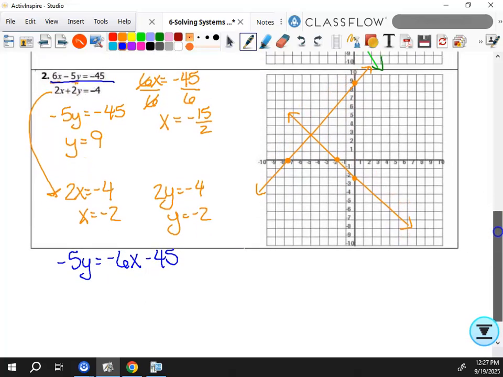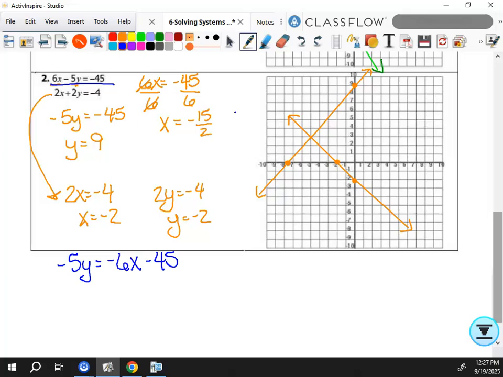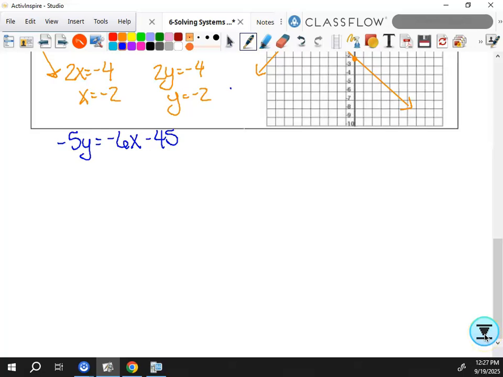The reason I did that one first is we were going to solve this one for y and then do this one this way, but those came out to be the same. I didn't want that to confuse you. Then you have to make sure you divide every single term by that -5. That's a mistake that happens sometimes too. So lots of things that we could do weird here. So I get y equals 6/5 x plus 9.